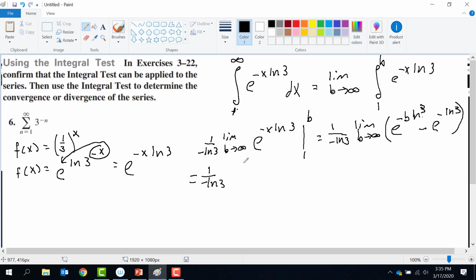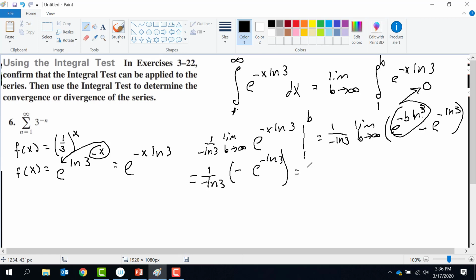We don't really care what the answer is, we just care that it converges. And so this right here, the exponent goes to negative infinity because b is going to positive infinity, and as your exponent goes to negative infinity, e to the that goes to 0. So what you end up with is 1 over the negative natural log of 3 times negative e to the negative natural log of 3.